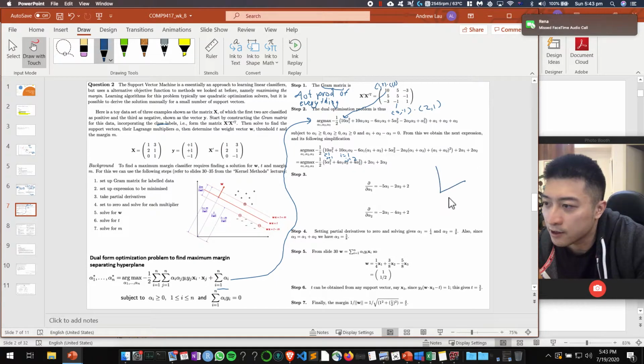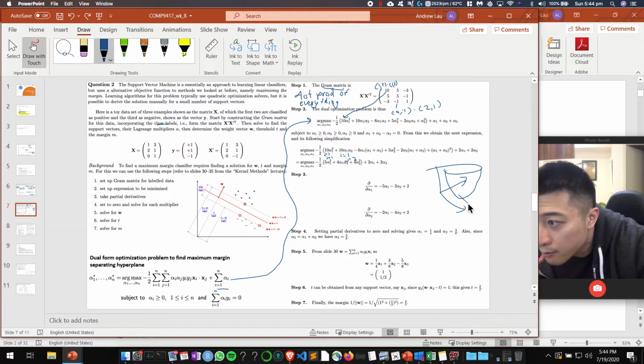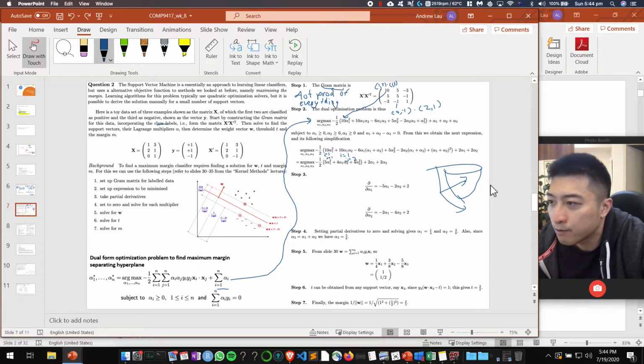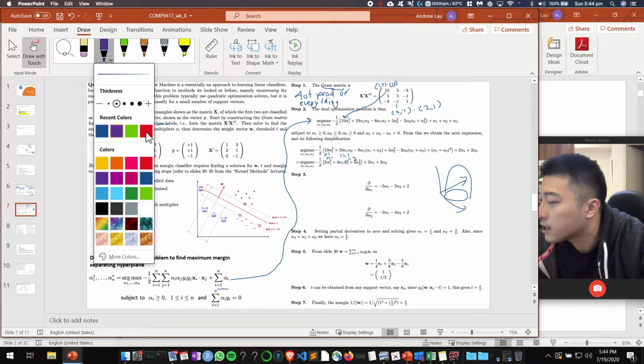Let's say the problem looks something like this, right? We want to find the minimum here, say. Well, this is the maximum, isn't it? Sorry. So let's say the optimization problem looks something like this, and we basically want to find the maximum.